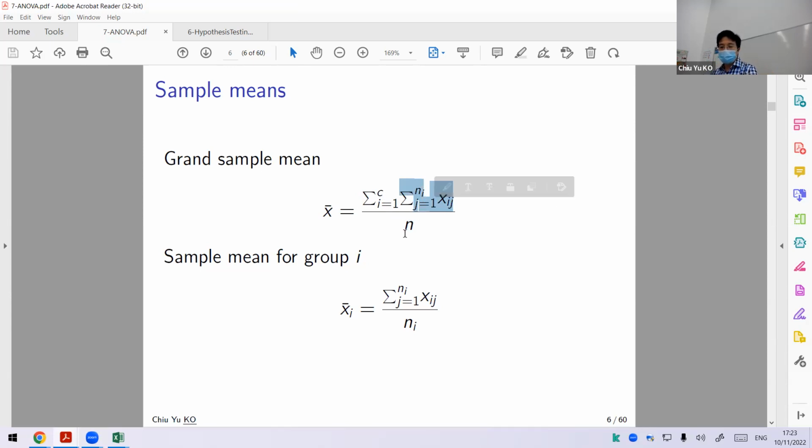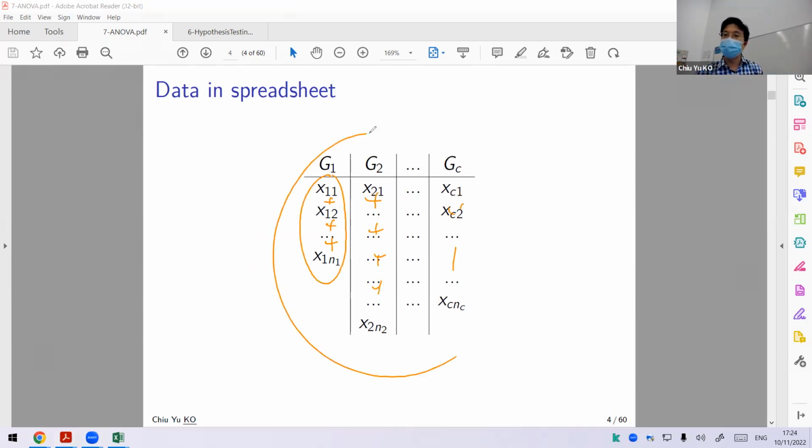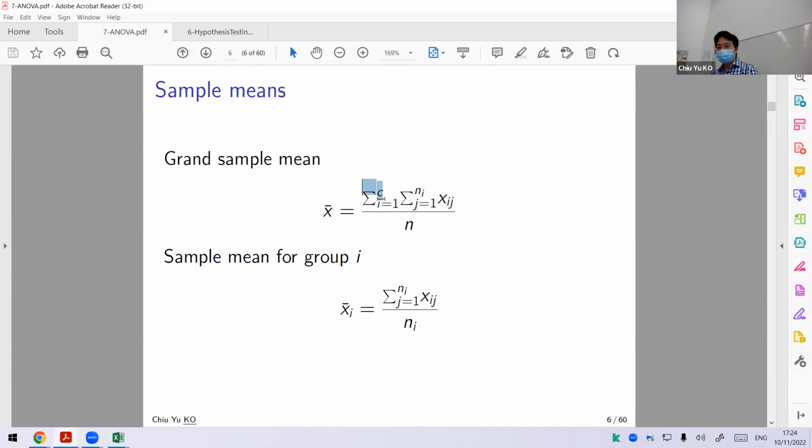What it means is just simply look at this data and add everything up. So that's the overall grand mean. The notation is, for each group, from group 1 to group C, within each group you add the observations from the first observation to the last observation, over n. That is very simple.